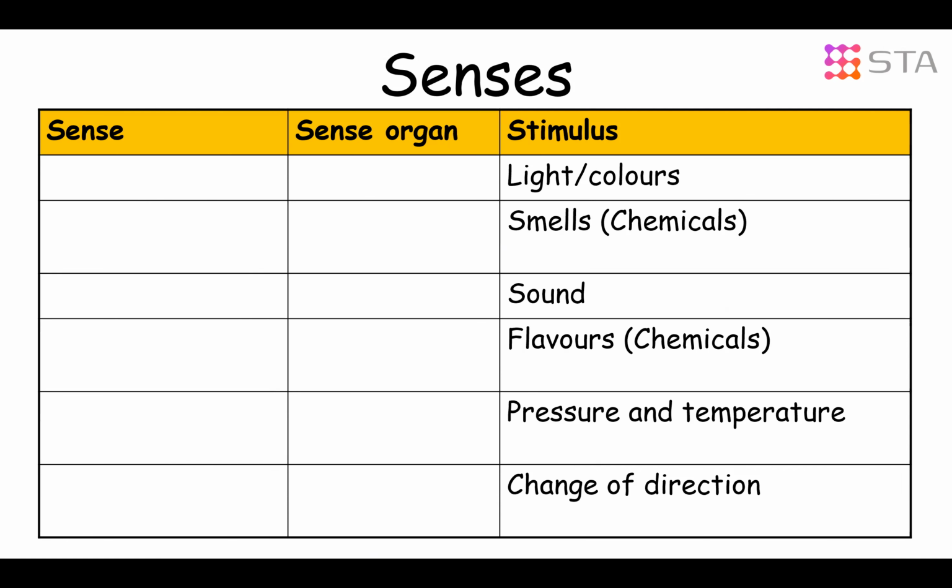So, smells are literally molecules of chemicals traveling through the air and up our nose. Sound, flavors in food, which again themselves are chemicals. Pressure and temperature, and change of direction. So, pause the video and fill the table in, and then we will go through the answers. Okay, pause now.